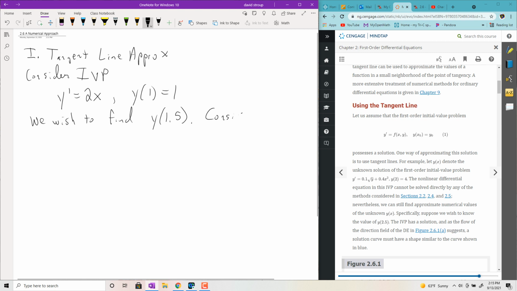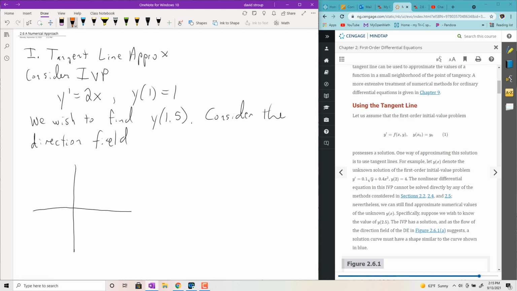First, consider the direction field for this guy. At all these points in the xy plane, we can produce a little tick mark to represent the slope of the tangent line to the curve at that particular point. So at 0, it's 0.